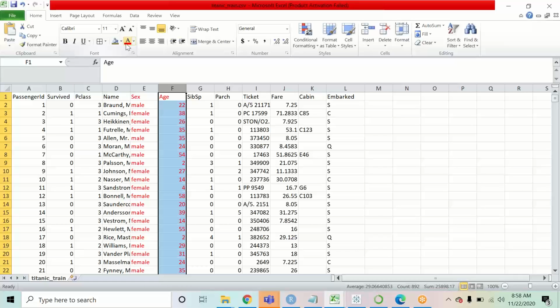Now these two variables also have some interaction. If there is a female of young age and a female of old age, who will be given preference of these two? The older woman, right?